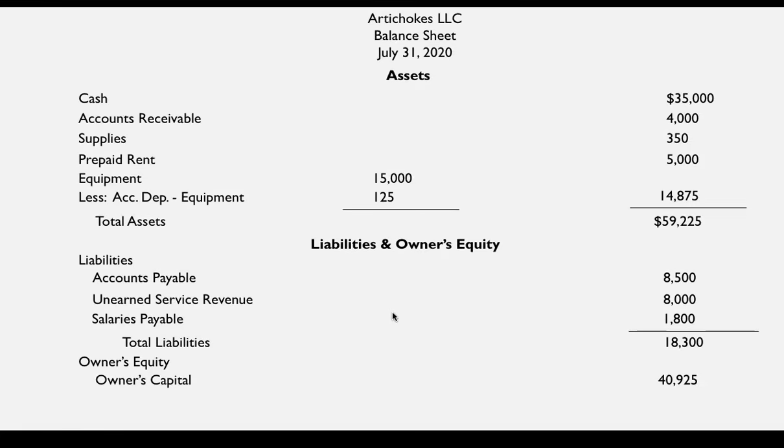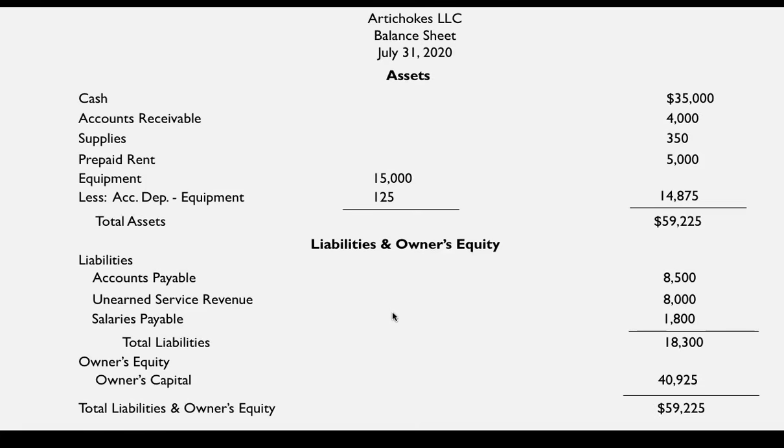Now, we have to show that our accounting equation works out here, right? We have to show that your assets equals your liabilities and owner's equity. So we need to add up some numbers here. Your total liabilities and owner's equity. How do we get that?